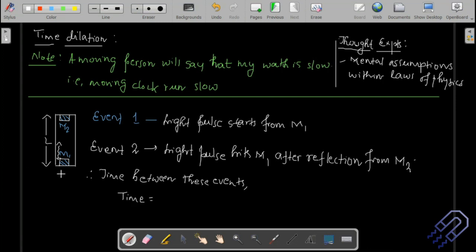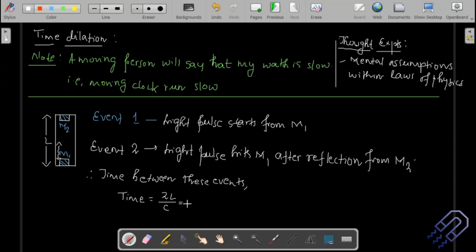The light pulse covers a distance of L when it starts, and then it comes back, so another L. The total distance it has covered is 2L. The first event was the light pulse leaves this system, and the second event was it comes back to the system. So how much time does it take? It is nothing but distance divided by velocity. The distance is 2L, and the velocity with which the light is traveling is c.